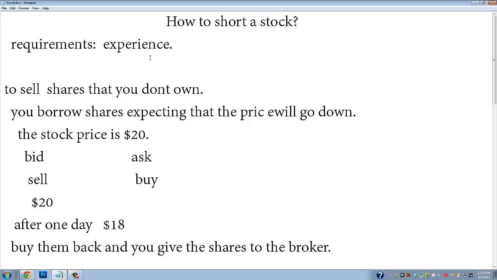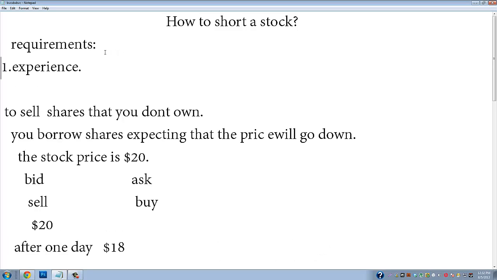Sometimes when you want to short a stock for the first time, you notice that you cannot sell this stock short. They say because you don't have experience, and you should apply for this. You should ask them that you want to sell short. I will explain later why you need experience. And this is one: you need experience.